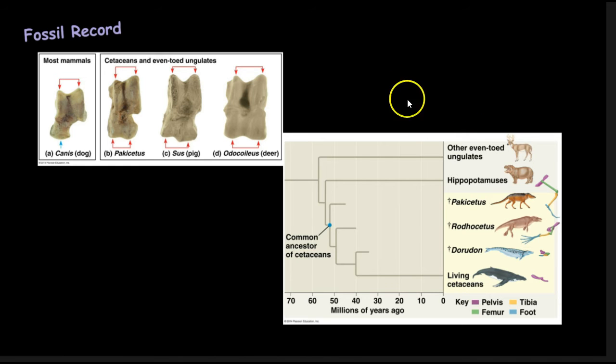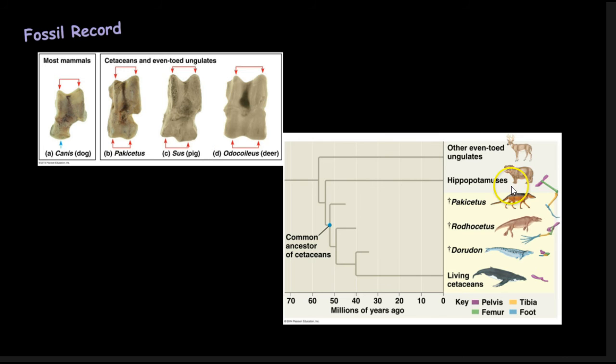Well, the fossil record shows that an early ancestor of the cetaceans, Pakicetus, and this is a diagram here of the Pakicetus, you can see it has 4 legs, where the living cetaceans do not, but they are related to one another. Well, the Pakicetus ankle bone, these are fossils of the ankle bone, has 4 lobes, just like the even-toed ungulates have 4 lobes on their ankle bones.